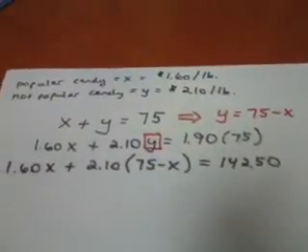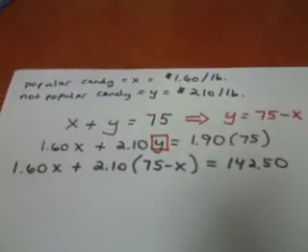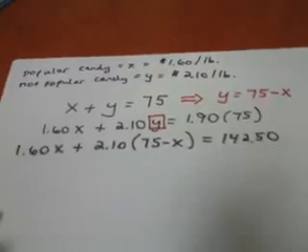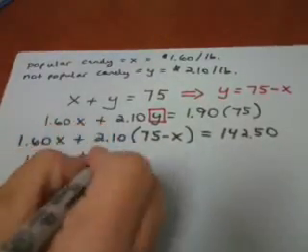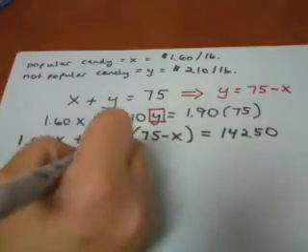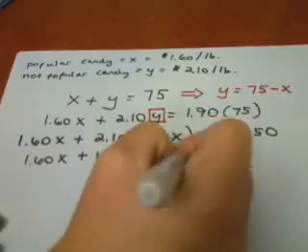So I've got 1.60X plus 2.10 times 75 minus X equals 142.50. Now I'm going to distribute. 2.10 times 75 is 157.50, and then it'll be minus 2.10 times X.